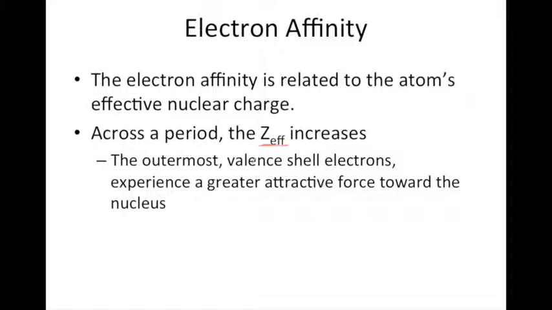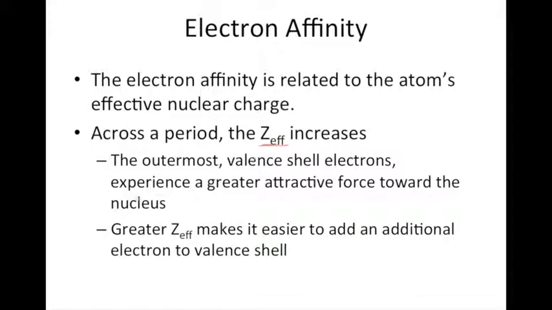Of course, as we move from left to right, the shielding value tends to increase very slightly relative to its actual nuclear charge. This causes the effective nuclear charge to increase. So what does this mean? Well, the greater the effective nuclear charge, it makes it easier to add an additional electron to the valence shell.